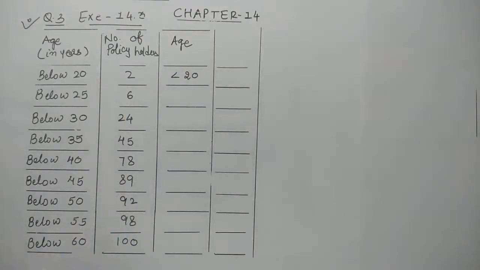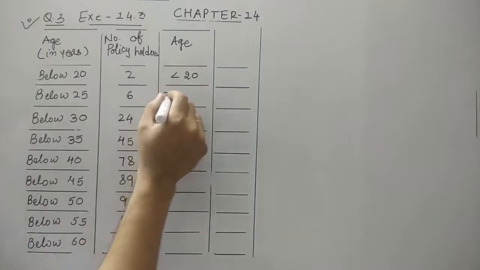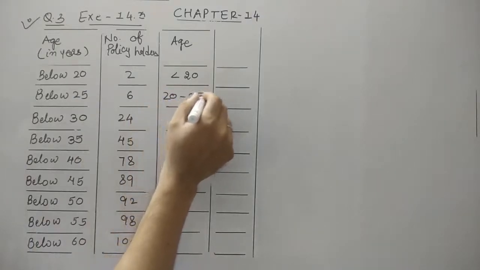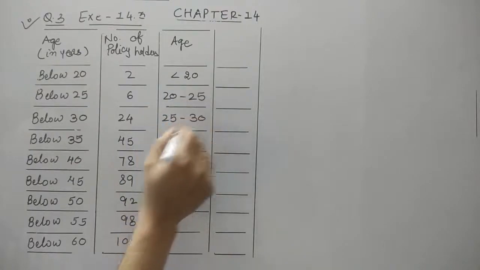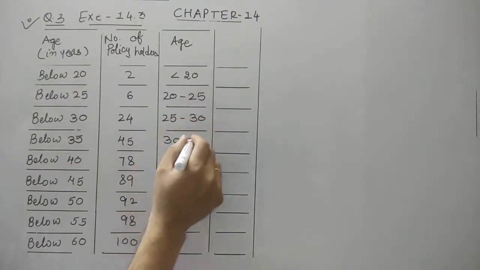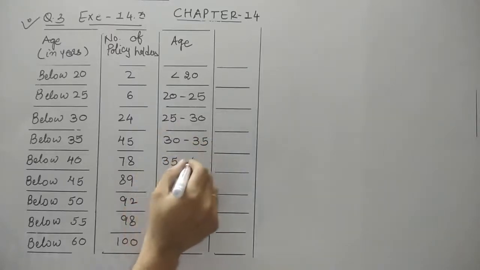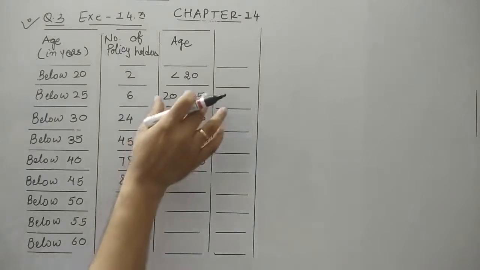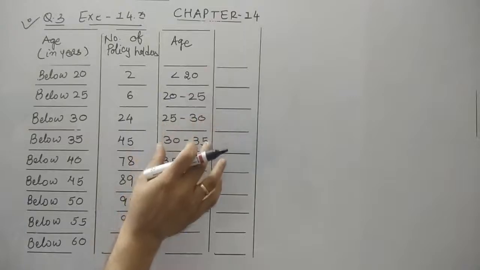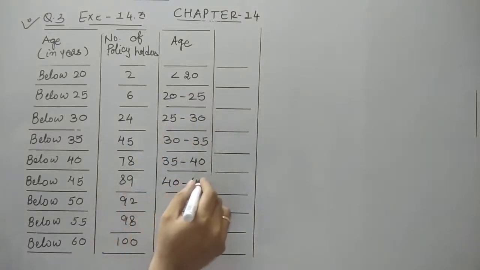The next is very important. Look at that here. They have given the gap of 5. So we will write between 20 to 25. Between 25 to 30. Between 30 to 35. Between 35 to 40. हम ये age group बना रहे हैं कि ये age group वाले कितने लोग हैं, मतलब policy holders, ये age group वाले, ये age group वाले, like the rest of all.